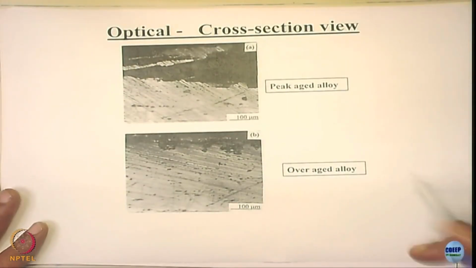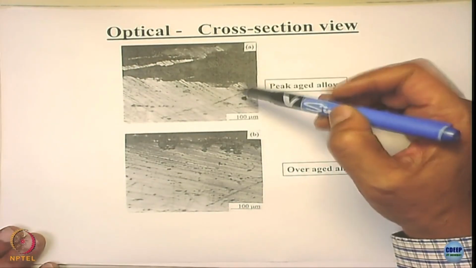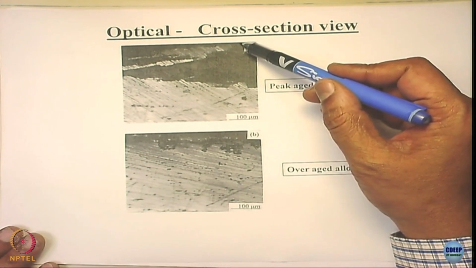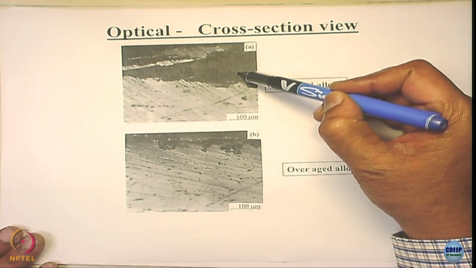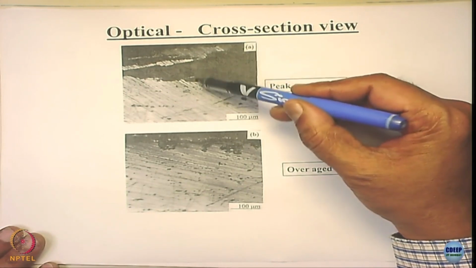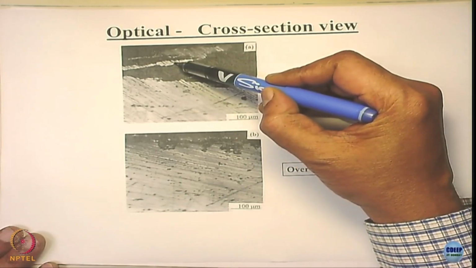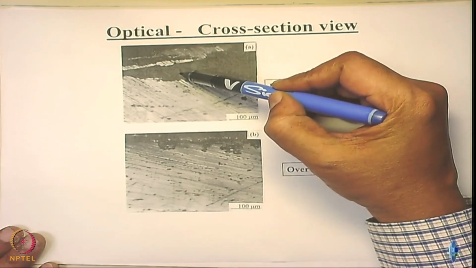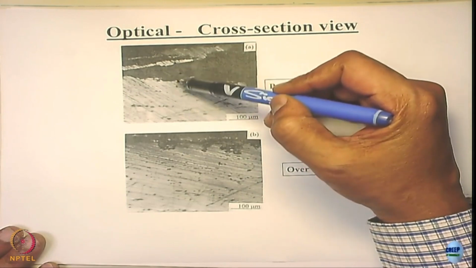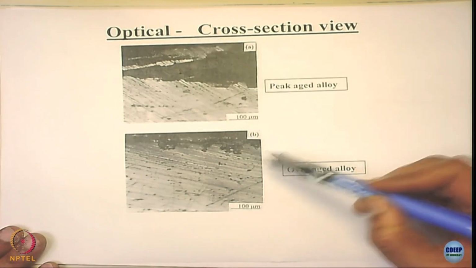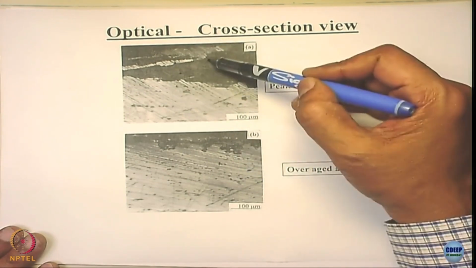See here, okay. Now this is a peak aged alloy, you can see the corrosion has started from the surface, it has gone inside, it created so many corrosion products, it got lifted. Please see, this is not corroded, this is corroded, this volume of the product, it got lifted actually. In the overaged condition, it does not happen.